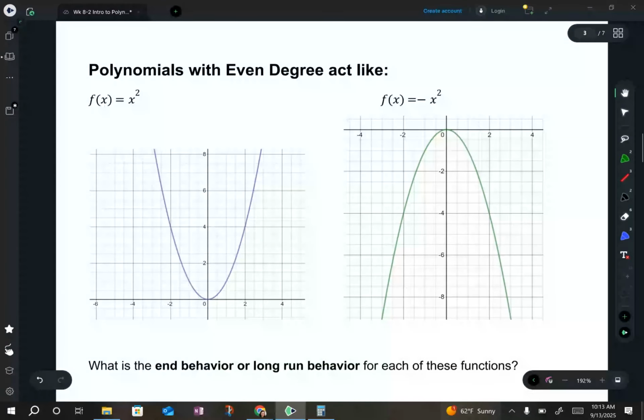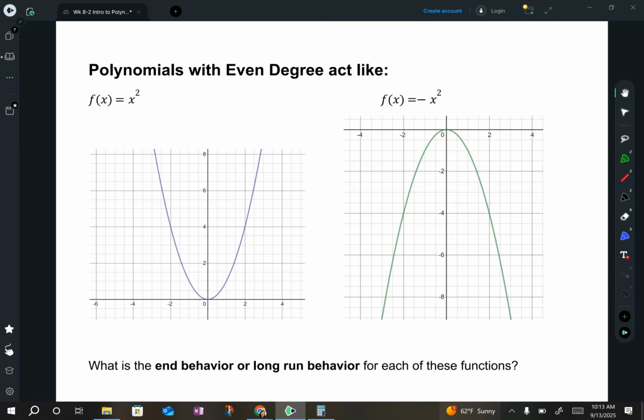So let's look at a couple of really great polynomials. The first one I want to look at is x squared, and the next one I will look at is negative x squared. So polynomials with an even degree, so any even degree polynomial, 2, 4, 6, 8, whatever, all of them are going to, in behavior, act like either x squared or minus x squared, depending on if their leading coefficient is positive or negative.